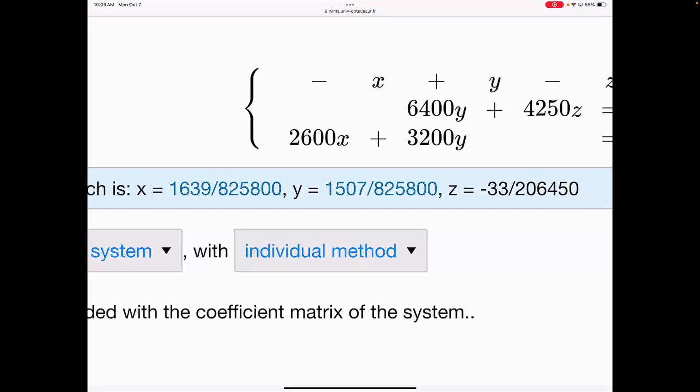I got 1.98 milliamps for I1. 1507 over 825,800, 1.82 milliamps, and 33,206 over 450, 0.16. All right. Those are what I got.